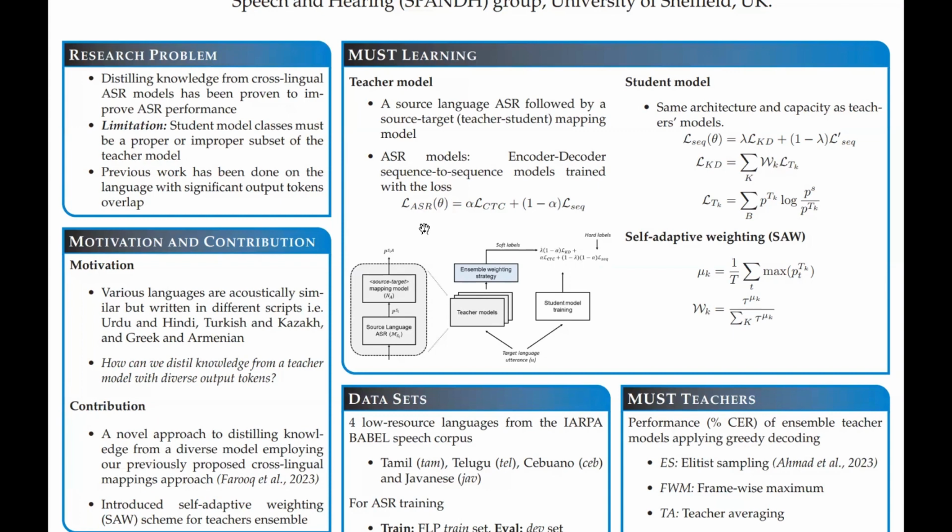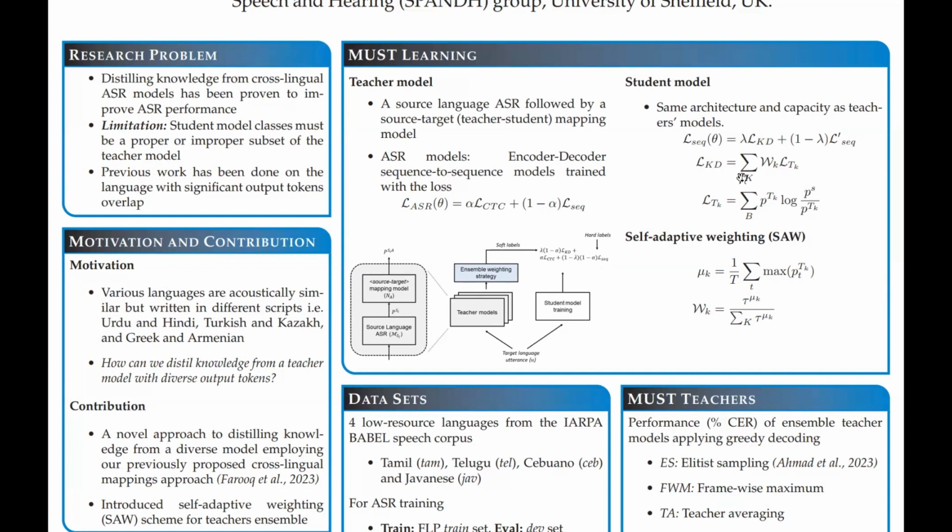The ASR models, whether teacher or student, are encoder-decoder sequence-to-sequence models, trained with a weighted loss of CTC and sequence loss. This loss is for teacher training, a weighted sum of CTC and sequence losses. In student training, the CTC loss remains the same as in this equation, but the sequence loss is replaced by a weighted sum of the knowledge distillation loss and the previous sequence loss.